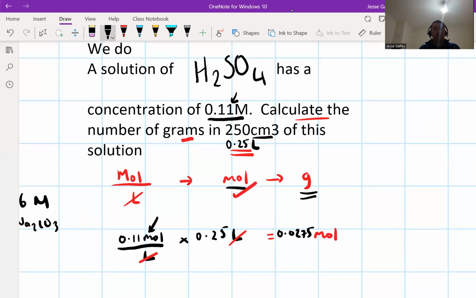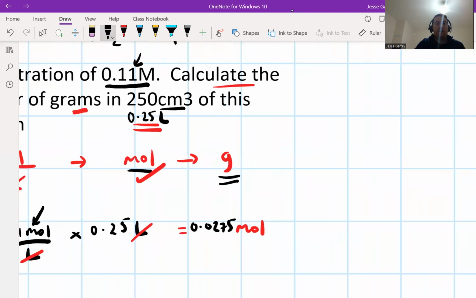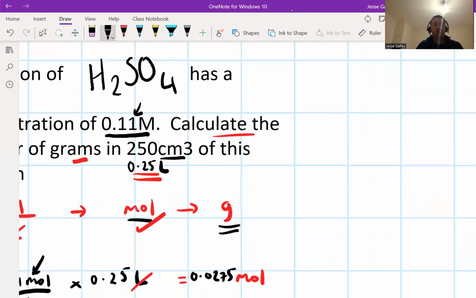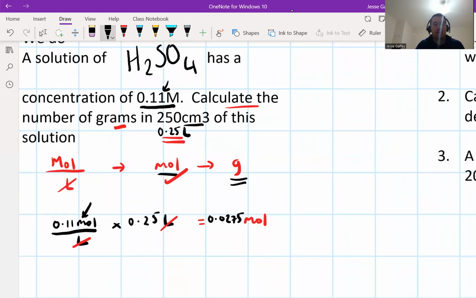And then I want to find out how many grams that would be. So now we're going to pause the video and convert to grams. Remember what the substance is, it's H2SO4. I'm just going to zoom out so you can see both at the same time. I'm going from moles to grams this time. I need my answer to be in some amount of grams of H2SO4.